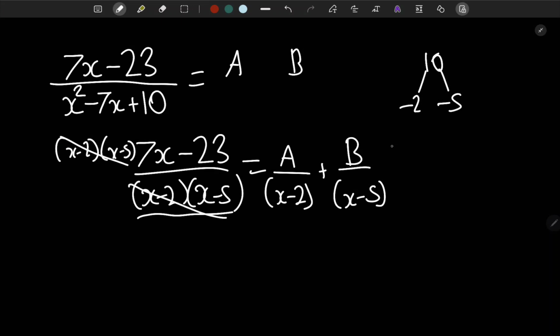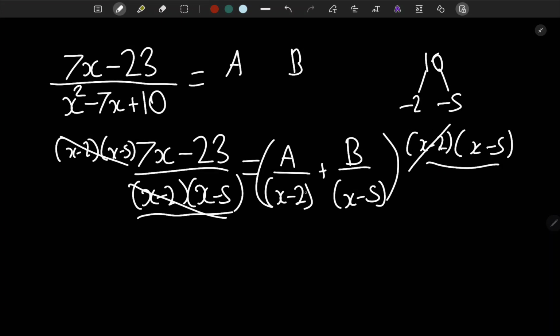And on the right hand side we'll do the same. So let's put the brackets around here. This entire thing multiplied by x minus 2 and x minus 5. So the first bracket, a over x minus 2, multiplied by x minus 2 into x minus 5, this part is going to cancel out and we will be left with a multiplied by x minus 5.